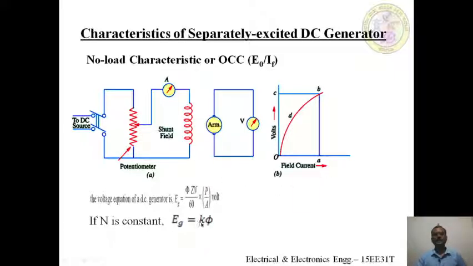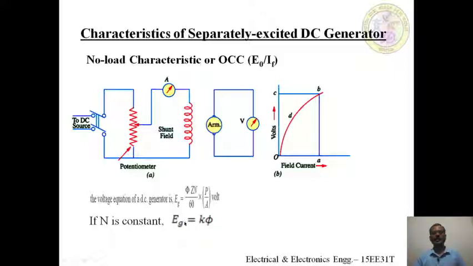That is, as field current increases, flux produced by the field pole increases, and induced EMF increases. That is shown with a straight line OD in the characteristic curve. As the field current is increased, the flux density increases, and due to that, the field poles are saturated.